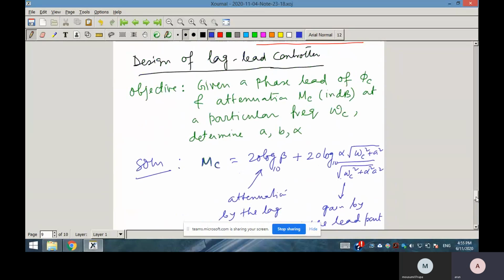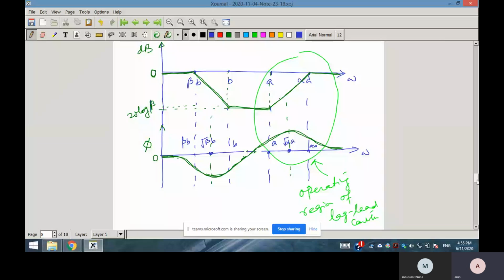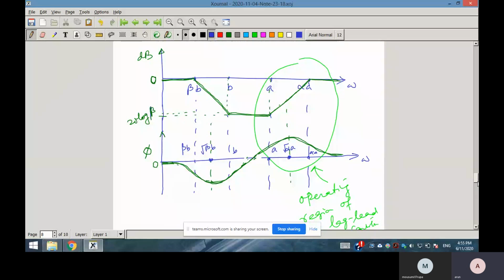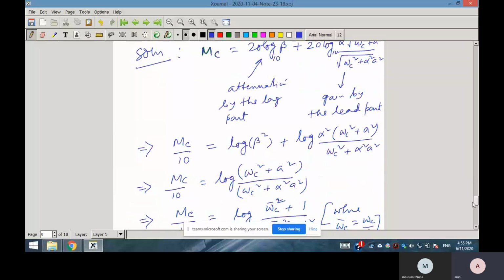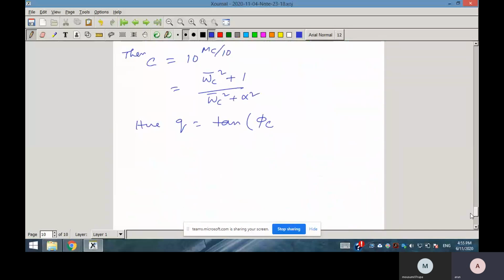But because of the presence of the lag part, it will provide a very small amount of phase lag also. That means ultimately I have to provide a little bit more phase lead, so as to compensate the small phase lag, say 2 to 5 degree, or 1 to 5 degree, provided by the lag compensator.